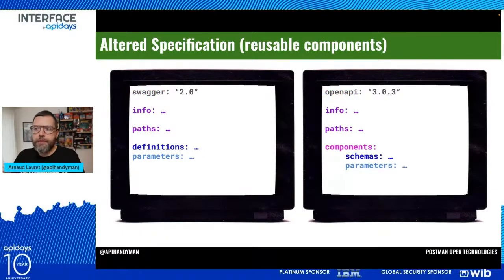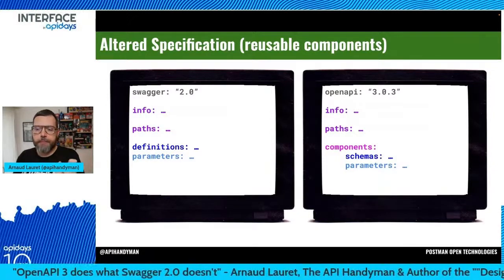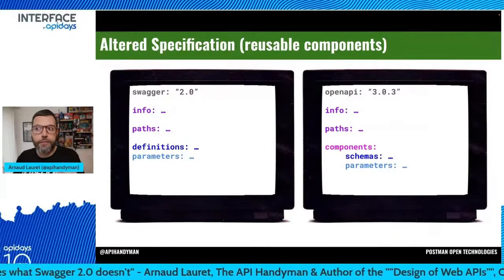The main modification in the structure of a document, which has been brought by OpenAPI 3, is a better separation between what was reusable across the document and what was just a definition, especially at the root level. In a Swagger 2 document, you have, for instance, the parameters property, which is at the root of the document.